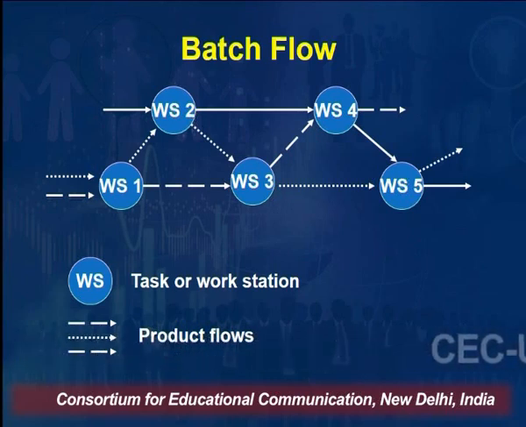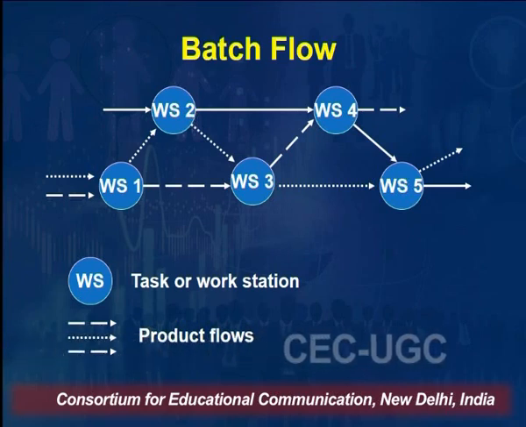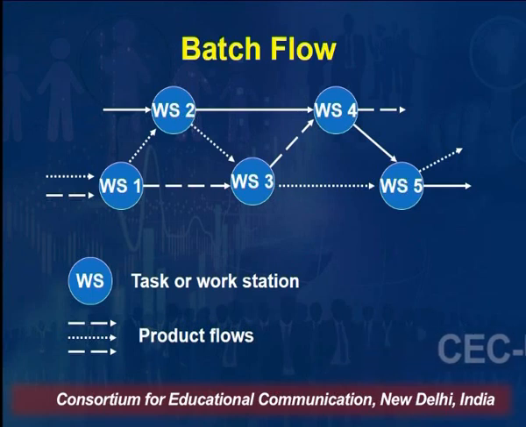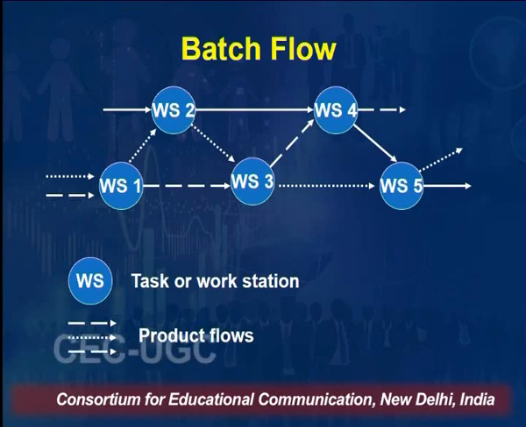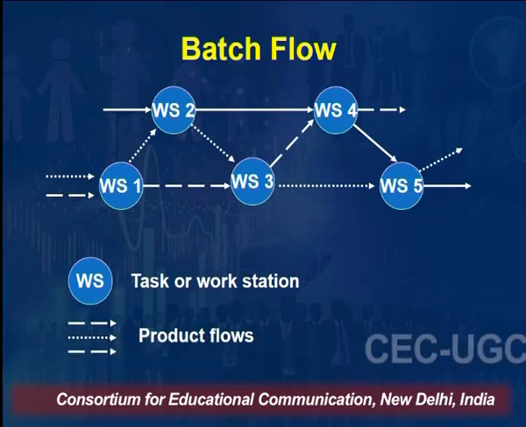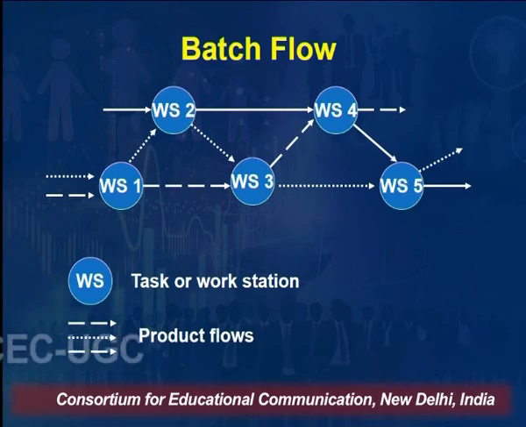There is another batch following from workstation 1 to 3 to 5. Like this, concurrently or in parallel, there may be 2 or 3 or 4 batches running together, each following a different route. That is called a batch flow.